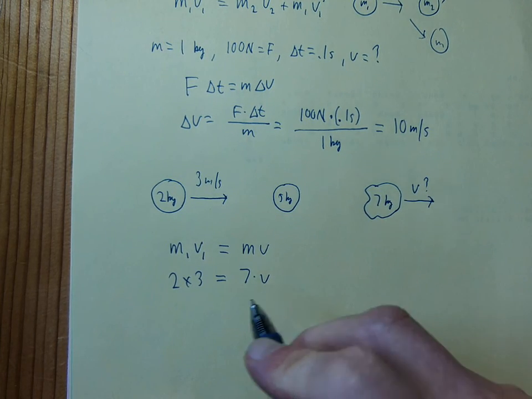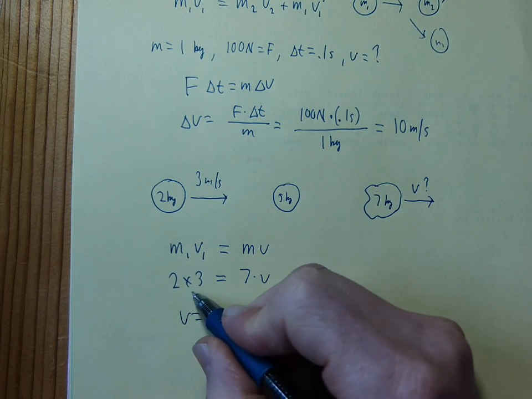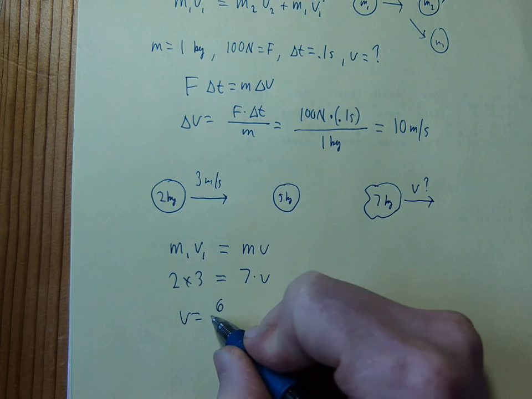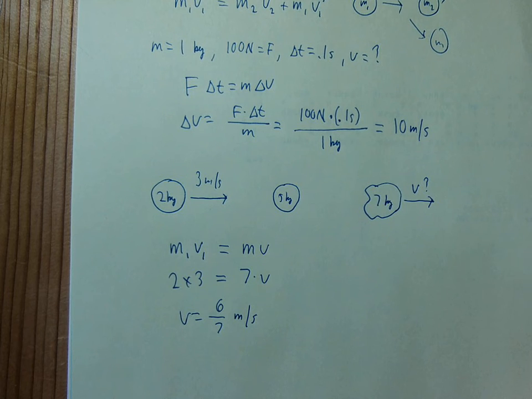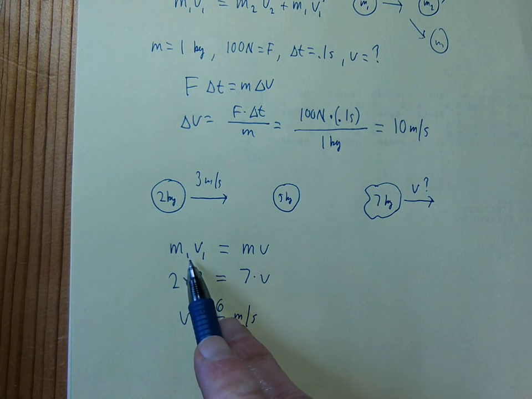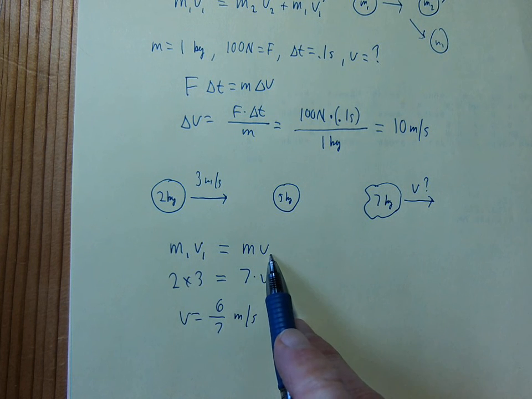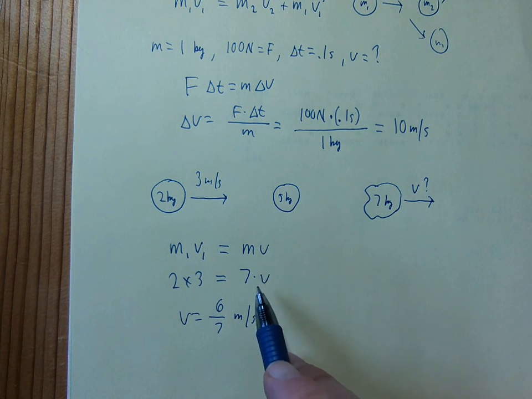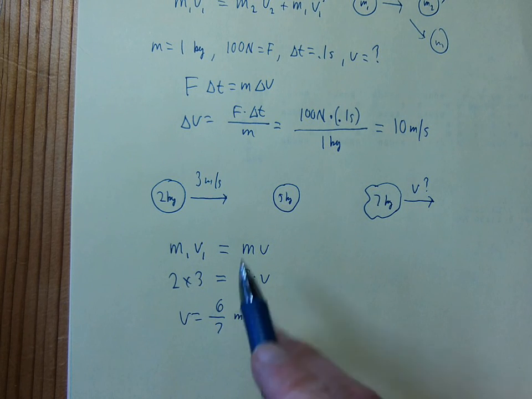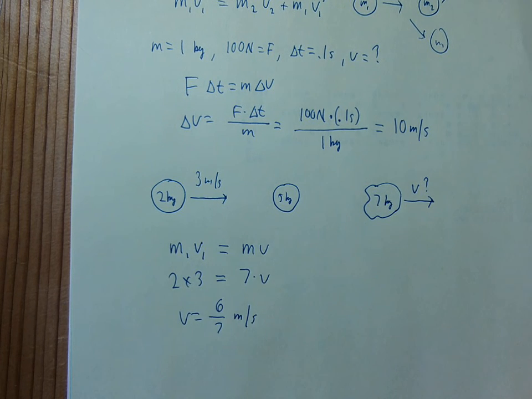The only thing we don't know is the velocity. So the velocity is 6 divided by 7, and it's meters per second. So, not so bad. That's using conservation of momentum. Momentum before is equal to momentum after. Since we hit something, the mass changes, so it's going to be moving a little bit slower, which it is. It starts off at 3, and that one only goes at 6/7. So anyway, that's the idea for how you do these.